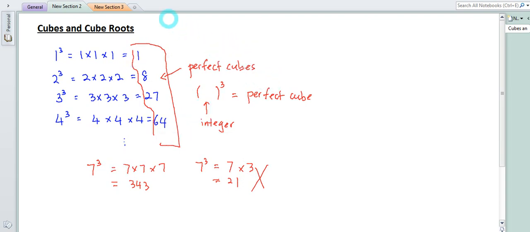Okay, let's go back to this perfect cube. If you have a number, for example 8 to the power of 3, you can just press the calculator. You will get 512. This is an integer, right? This is an integer to the power of 3. The answer that we get here is a perfect cube.